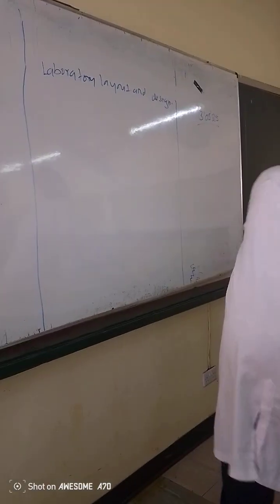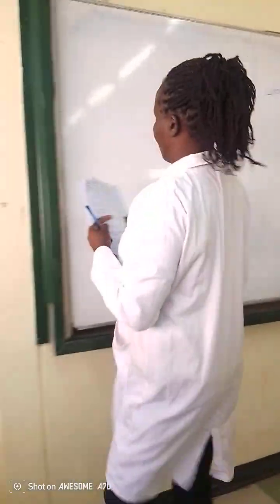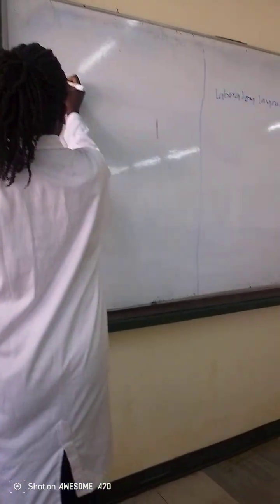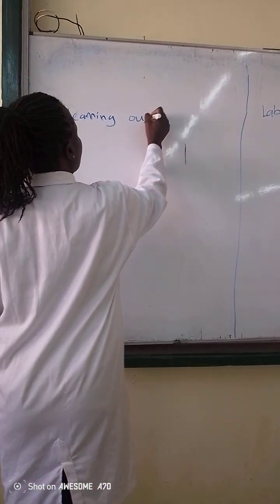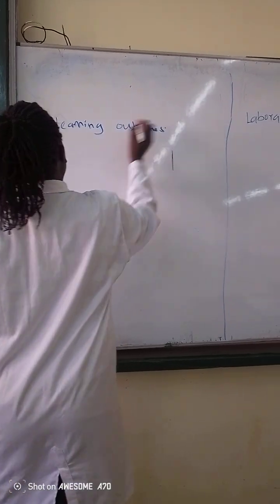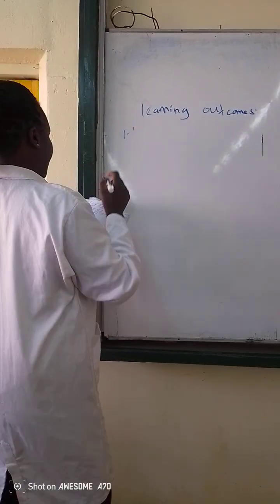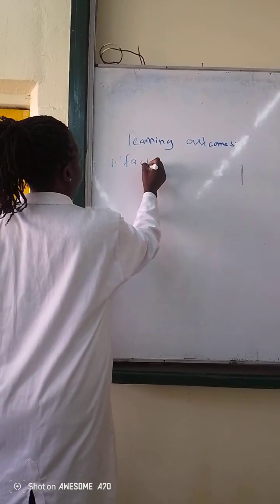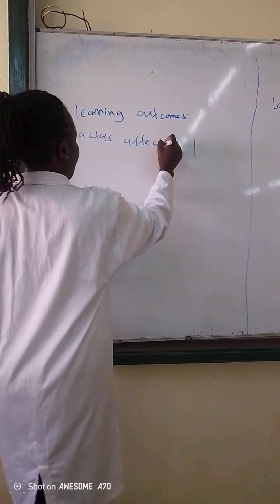Expected of you today, you're supposed to hear some key points which you're supposed to know by the end of the lesson. One, you're supposed to know about the factors affecting laboratory layout design.